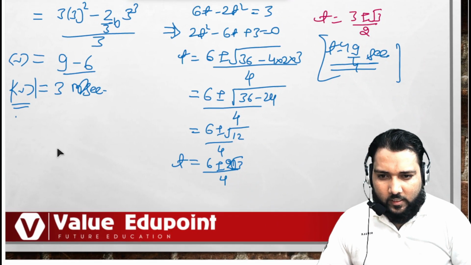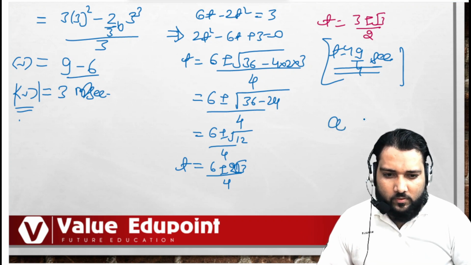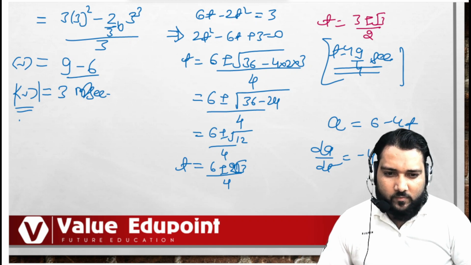This is the acceleration. We have to maximize this function, so we calculate dA upon dt, which comes out to be minus 4. We put it equal to 0, but it cannot be 0.